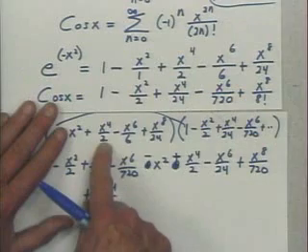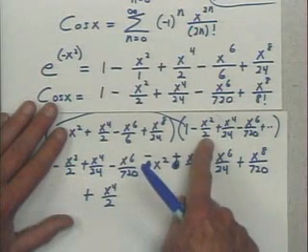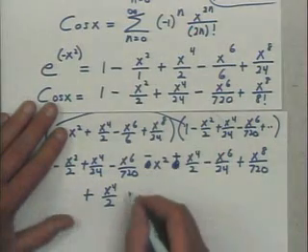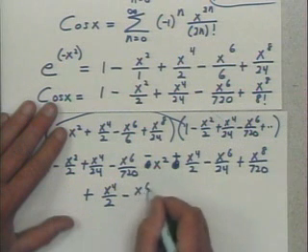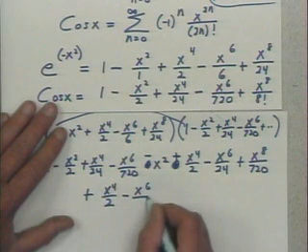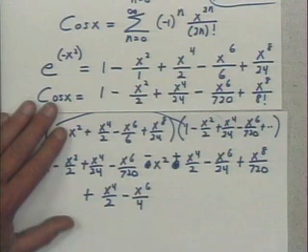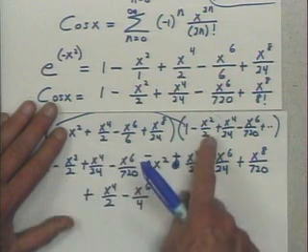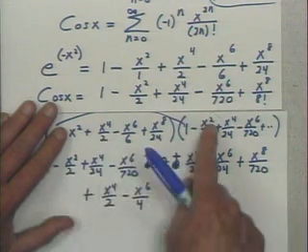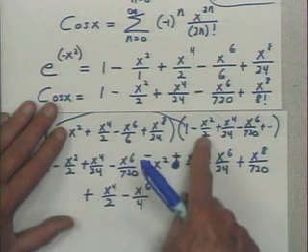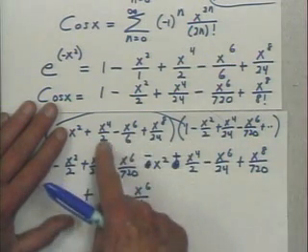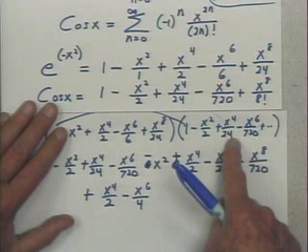What about x to the 4th over 2 times minus x squared over 2 over 4? That's this one times that one, minus x to the 6th over 4. Okay, what's x to the 4th over 2 times x to the 4th over 24?